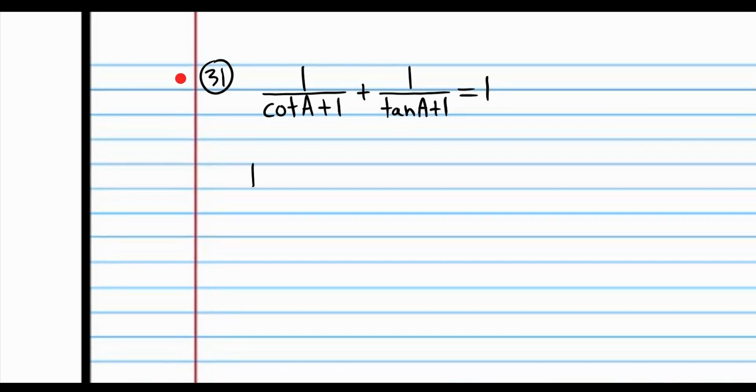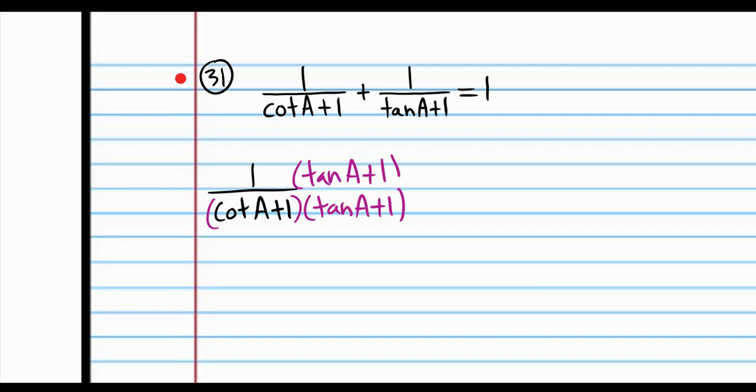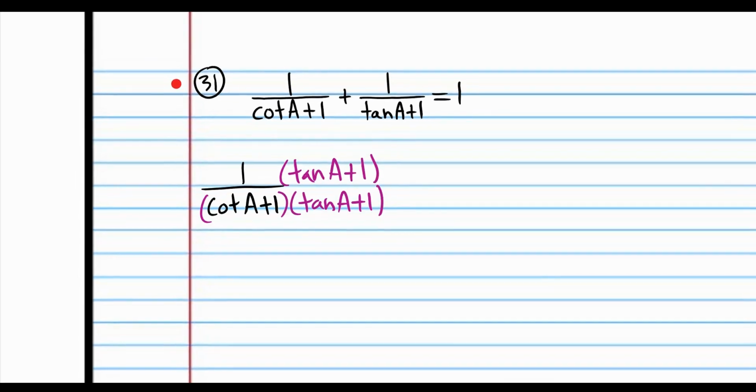Okay, we're going to take the first fraction. And we're going to multiply both sides by tangent A plus 1. Why are we going to do that? Because we have to get a common denominator. It's the only way to get a common denominator.